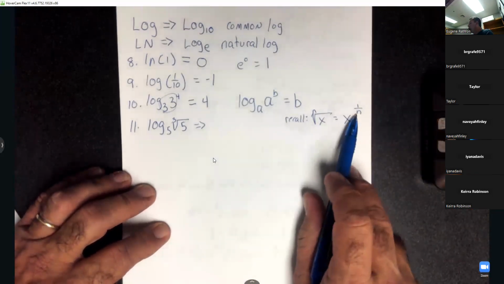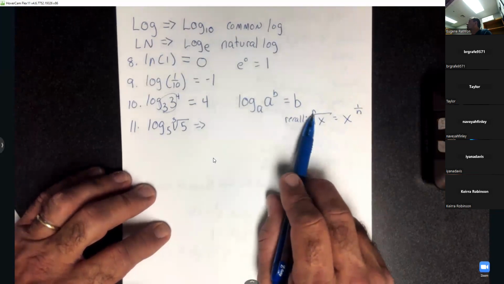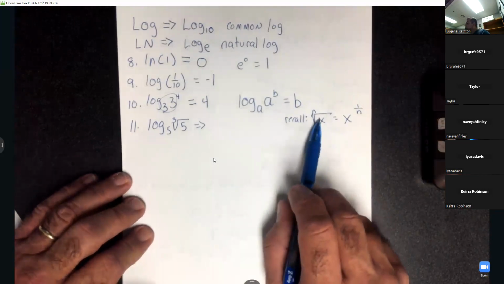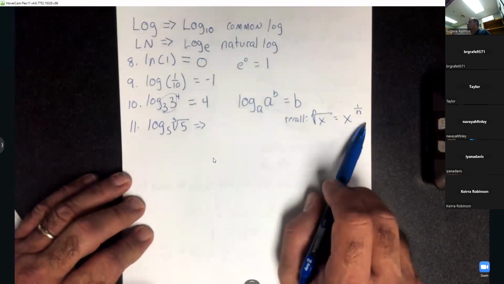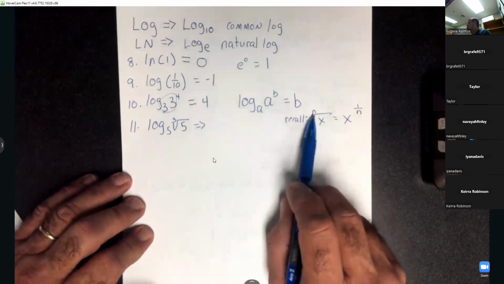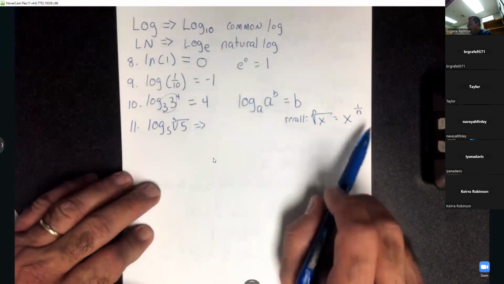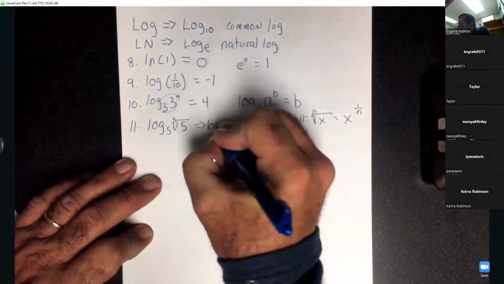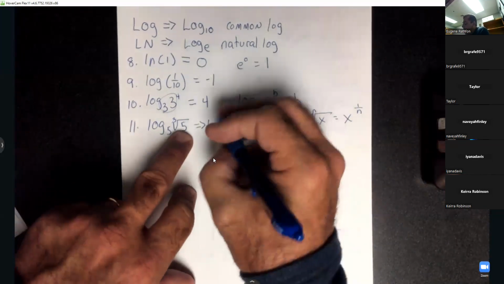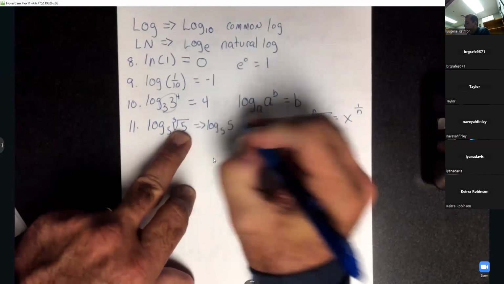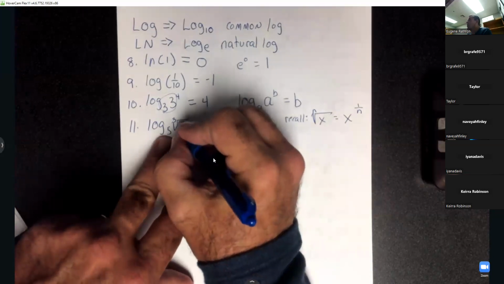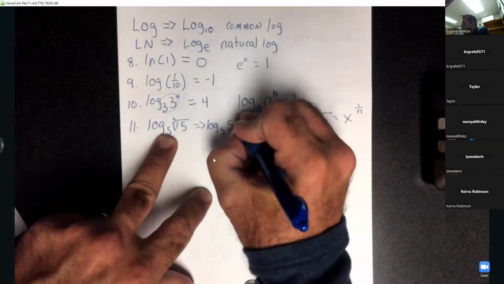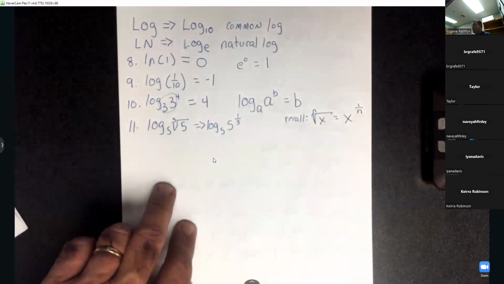It's always 1 over whatever that index is, okay? So if this was a square root, that would be x to the 1/2. A cube root would be x to the 1/3. So what I got here is my log base 5 of this 5 right here raised to an exponent for that cube root would be a 1/3.